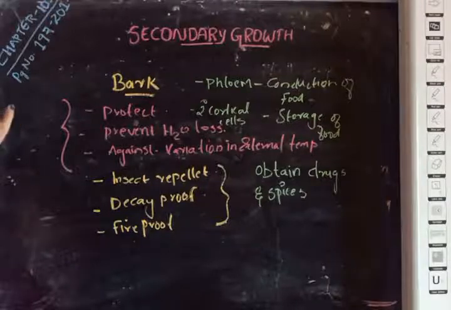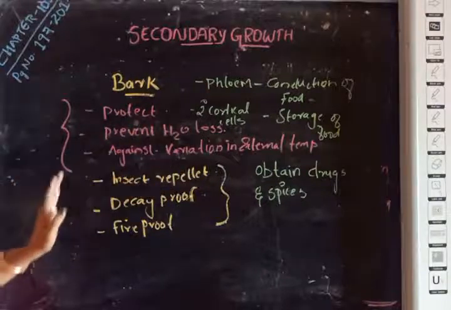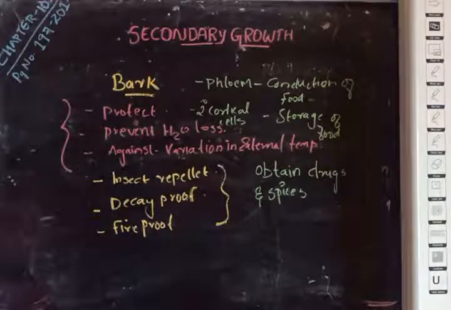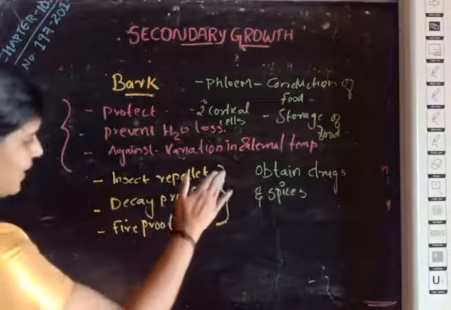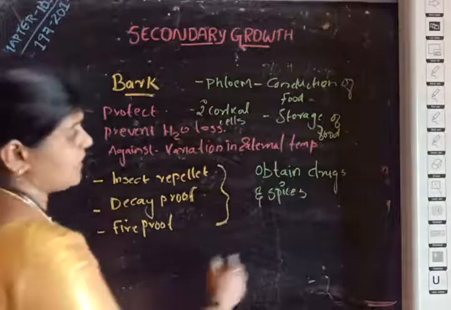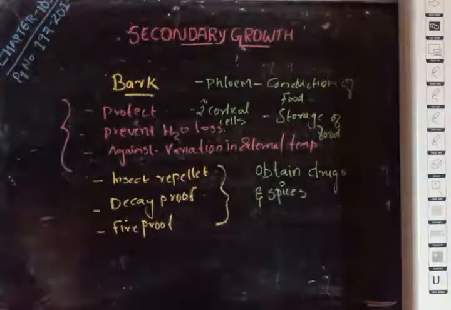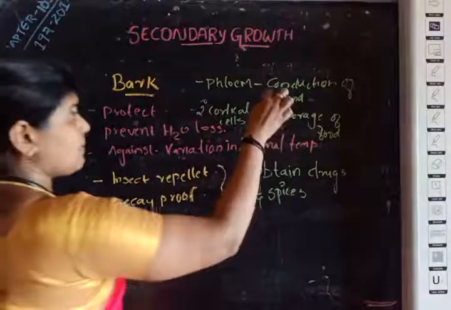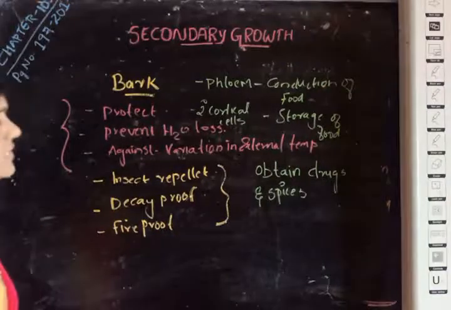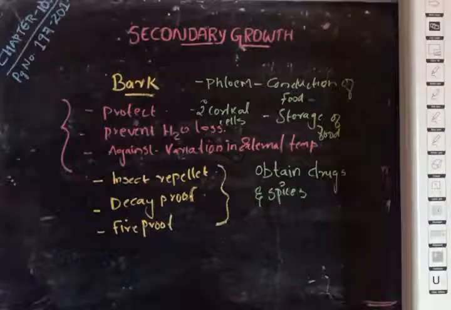Bark may protect the plants, prevent water loss, and protect against variation in external temperature. Bark is insect repellent, decay proof and fire proof. We can obtain some drugs and spices from it. The phloem cells in the bark conduct food, whereas the secondary cortical cells function in storage of food.